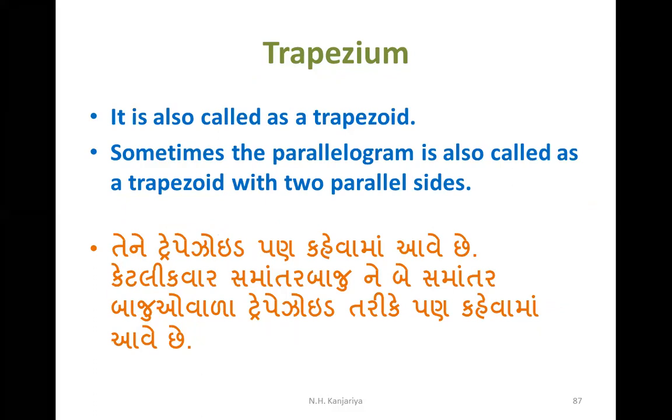Here is the difference between the trapezium and the parallelogram. First we discussed the definition of the trapezium, now the definition of the parallelogram. Now you tell me what the difference between them is. A trapezoid has only two sides parallel. This is the definition: a figure which has only two parallel sides is called a trapezoid.